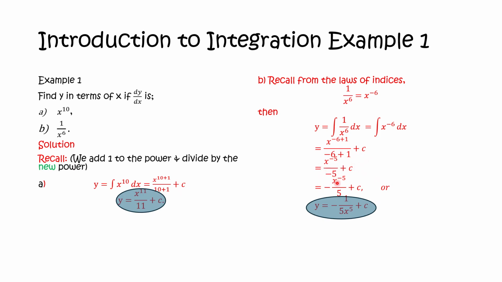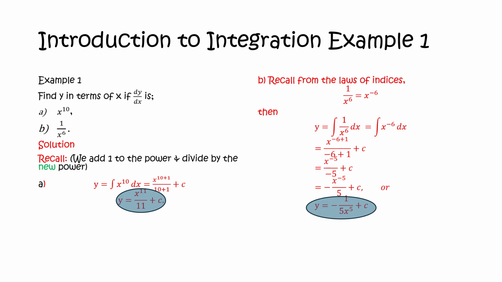Simplifying that, we get x to the power minus 5 all over minus 5, plus c. Simplifying that further, we can have it as y equals minus 1 over 5x to the power 5, plus c, the constant of integration. We are just applying the laws of indices and expressing our answer in a form that is easy to interpret.